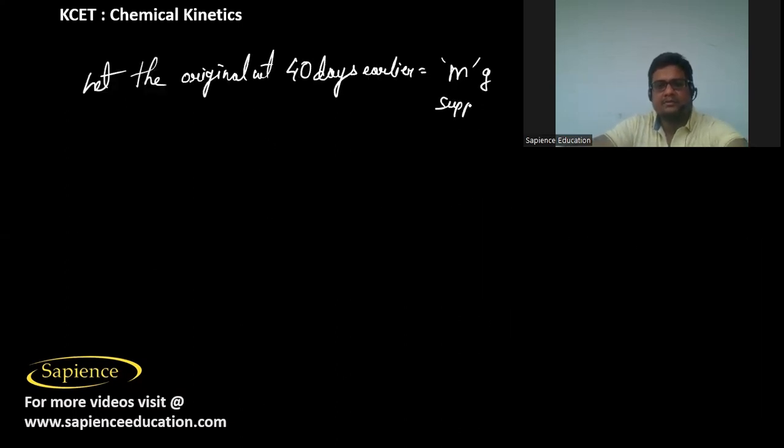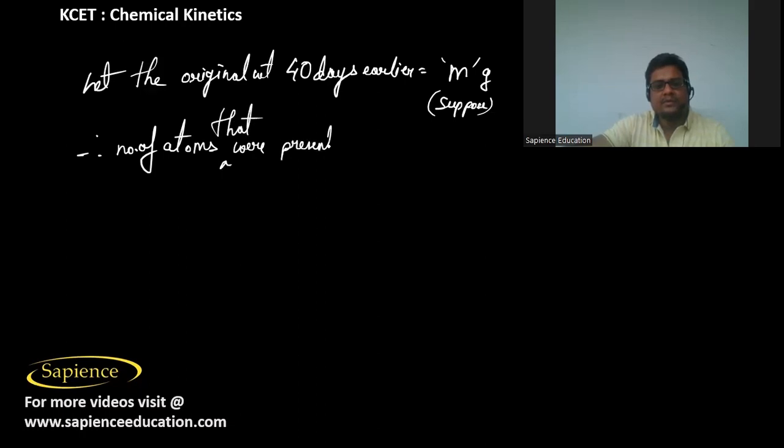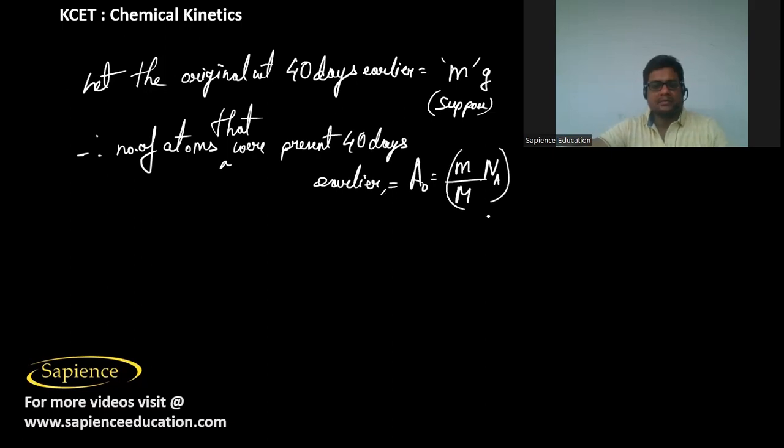So the number of atoms that were present originally 40 days earlier, that is A naught, will be equal to M by M into Na, these many atoms.